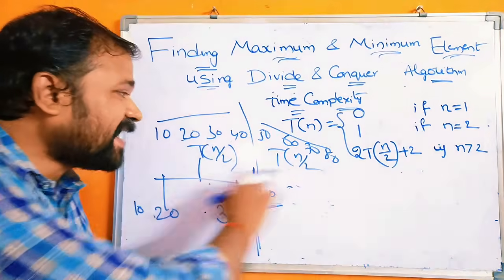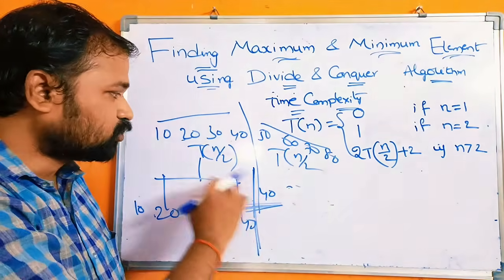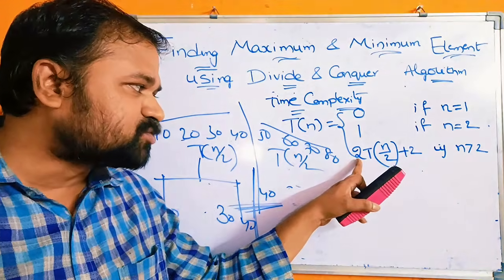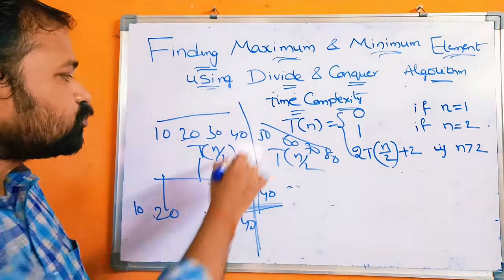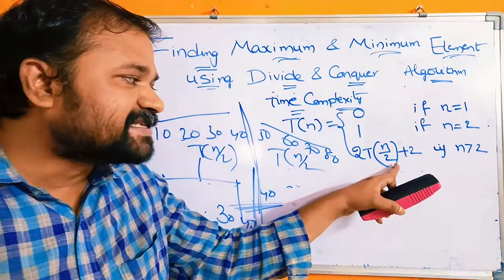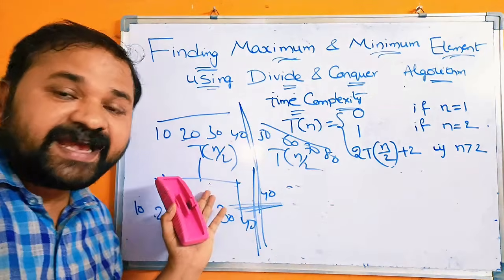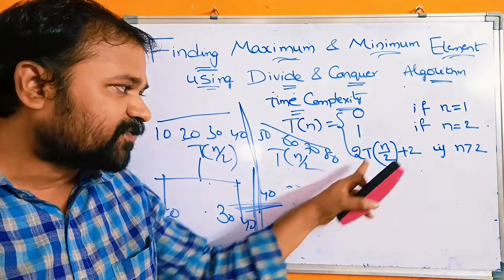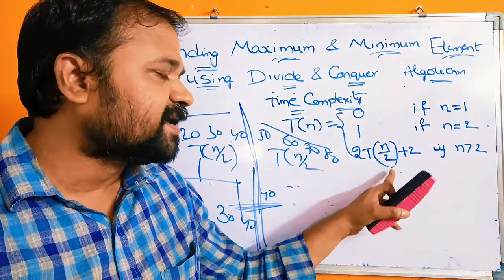Here we are dividing the list into two parts, where each part contains n by 2 elements. This 2 is for the two parts, and this T of n by 2 is for each list, which contains n by 2 elements. So we have to calculate the time complexity for n by 2 elements.